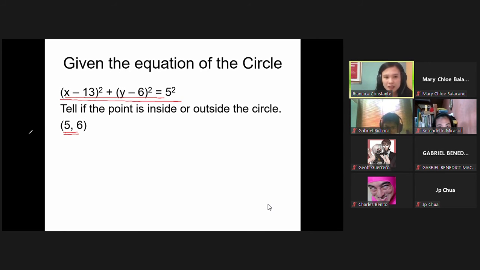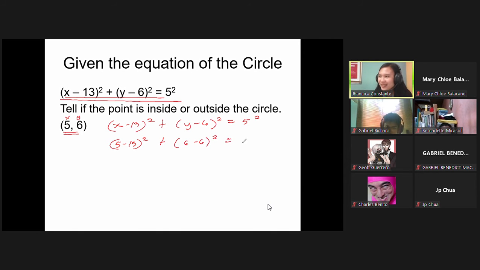Since point has an ordered pair for the value of x and y. So if we're going to substitute the given value for x and y, we have x minus 13 squared plus y minus 6 squared equals 5 squared. So 5 minus 13 squared plus 6 minus 6 squared equals to 5 squared.